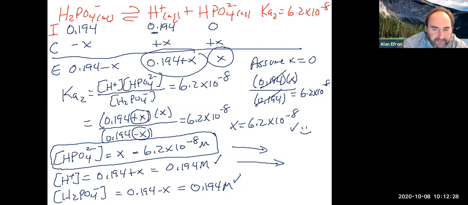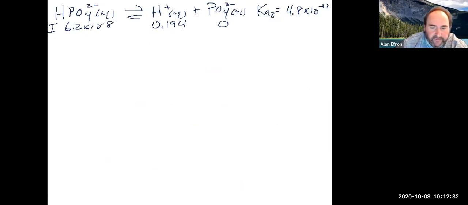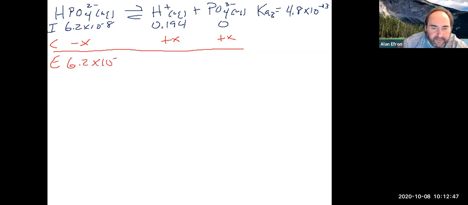The rest of the table is going to look very similar to all the other tables that we've done. We're going to do our X's. So the change is going to be minus X, plus X, plus X. This gets us to 6.2 times 10 to the minus 8 minus X, 0.194 plus X, and X. So again, very similar to the previous two tables that we did.